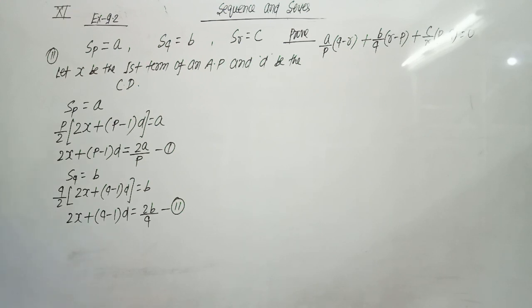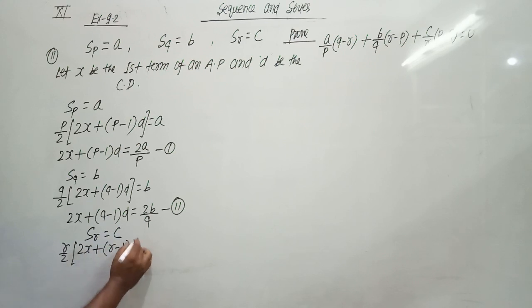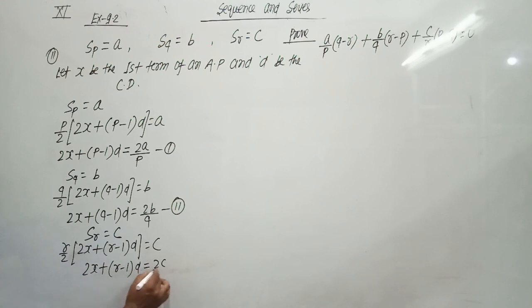Then S_r equals c, so r/2 [2x + (r − 1)d] equals c, and 2x + (r − 1)d equals 2c/r. This is the third equation.